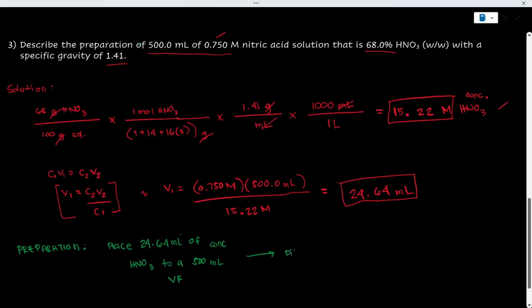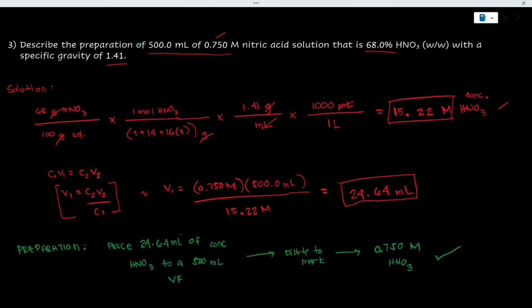Then dilute to the mark. Then you have prepared 0.750 molar nitric acid solution.